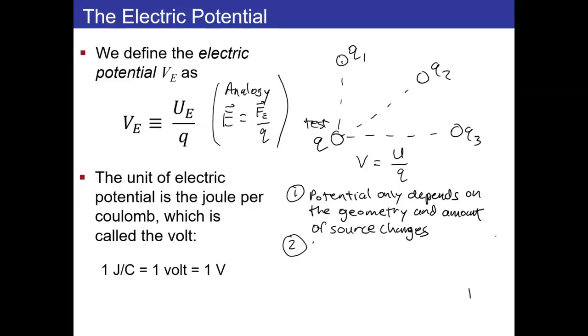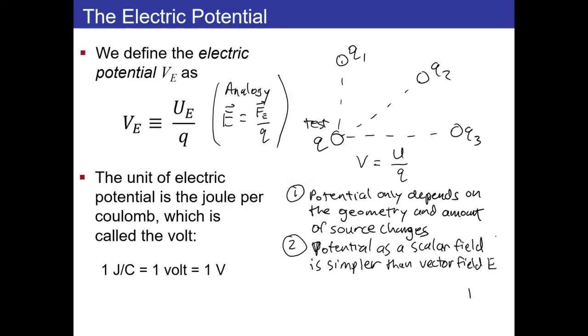The potential as a scalar field is somewhat simpler than the electric field, the vector field E. In some ways that can be a little bit easier to work with, as we'll see in some cases.